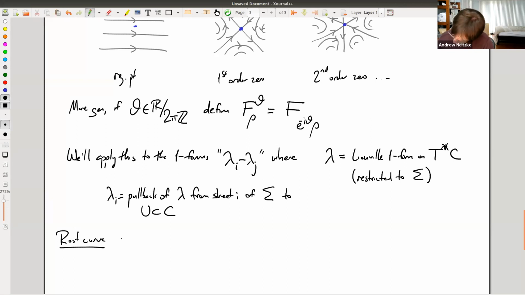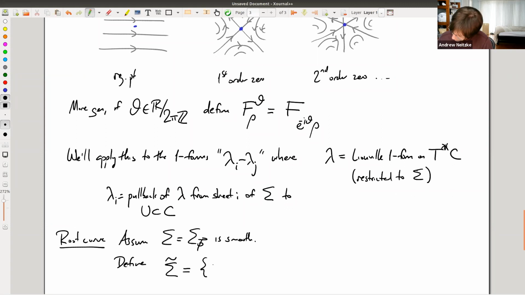So let's continue. Let's assume that sigma, which is sigma phi, is smooth. Then let's define the following thing. Sigma twiddle. Let's just write it first.